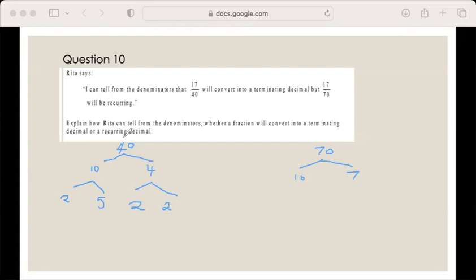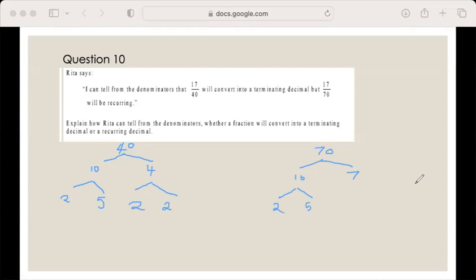So the prime factors of 40 are 2 and 5. For 70, 2 times 5 is 10, and 7. So 2, 5, 7.